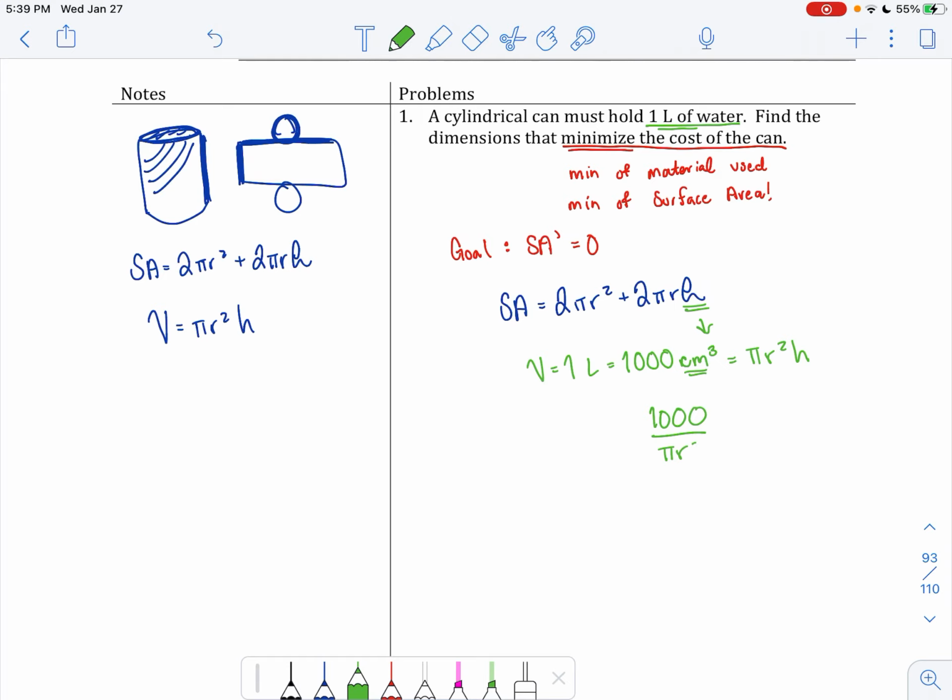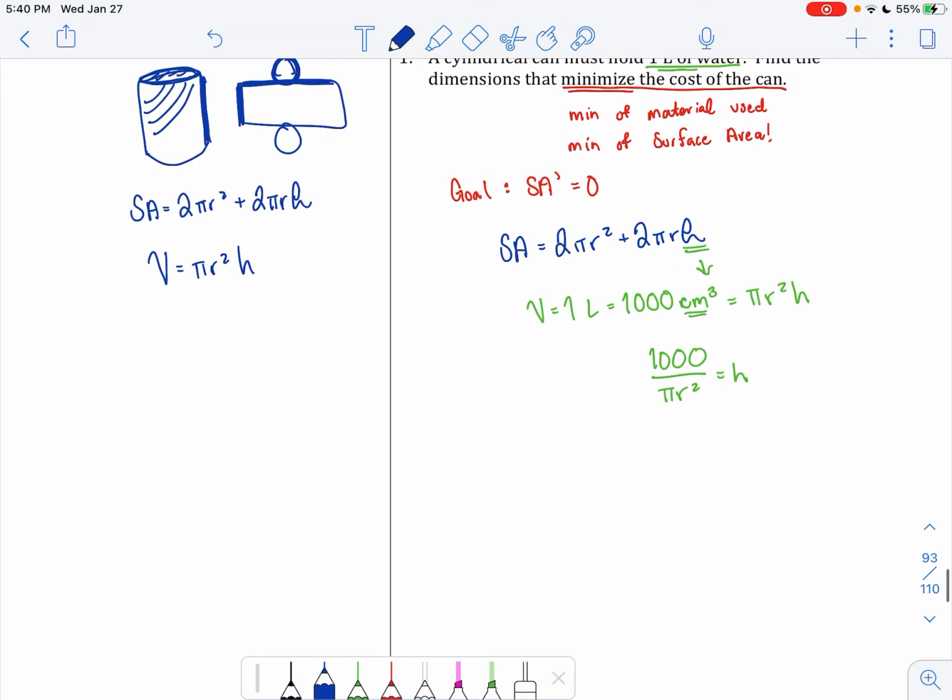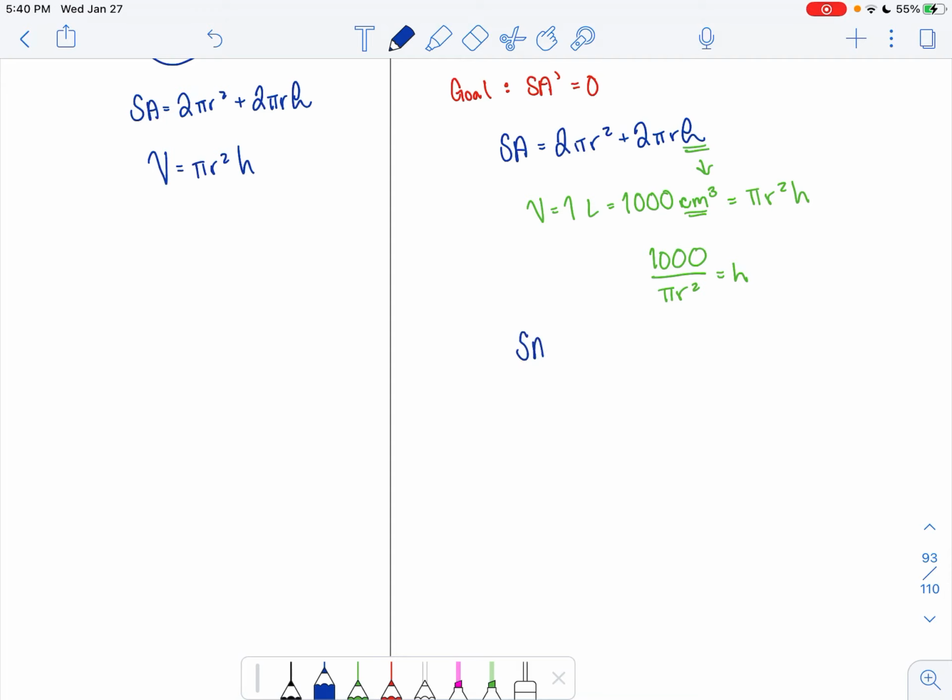So 1,000 over pi r squared is our height, giving us the function surface area is equal to 2 pi r squared plus 2 pi r times 1,000 over pi r squared. Do a little simplifying before I take the derivative because it's just easier. Cancel out pi, cancel out r. We end up with 2 pi r squared plus 2,000, from the 2 times the 1,000, over r in the denominator.